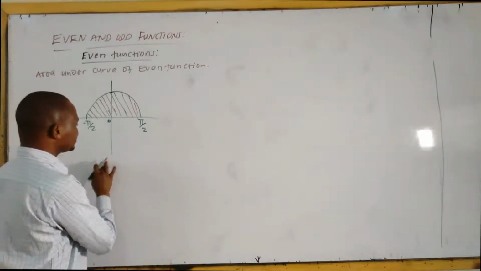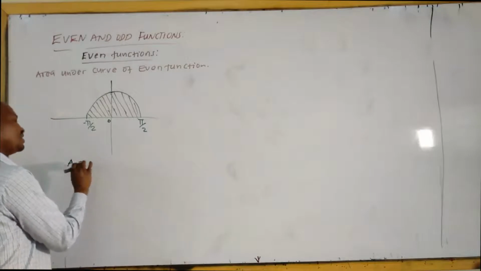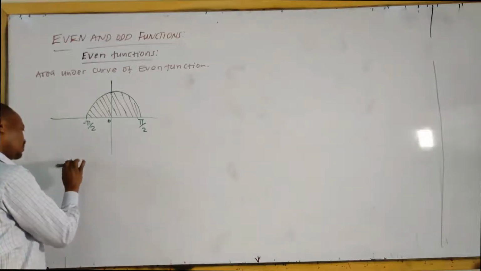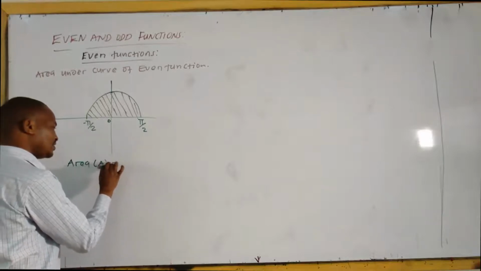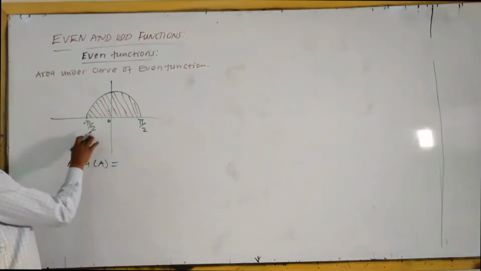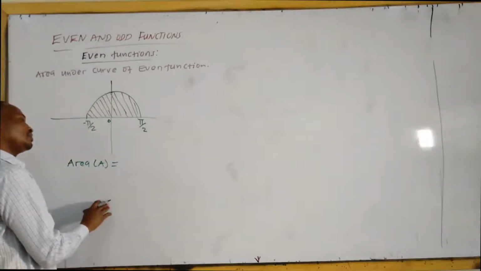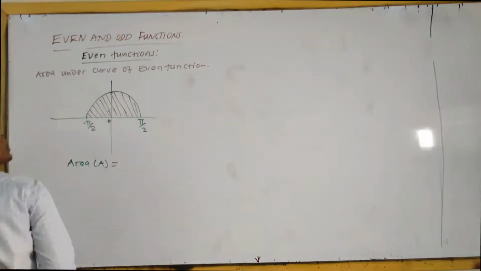You could say we integrate area. What is area? Area under curve. Area A is equal to, you have to integrate over the given limit.